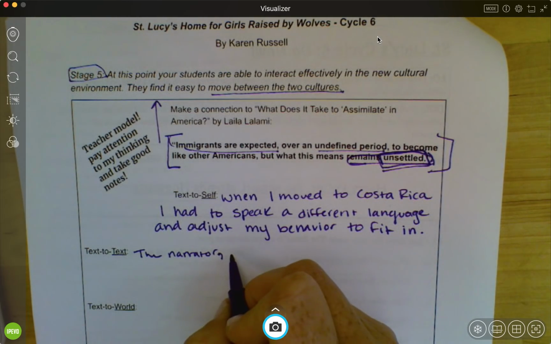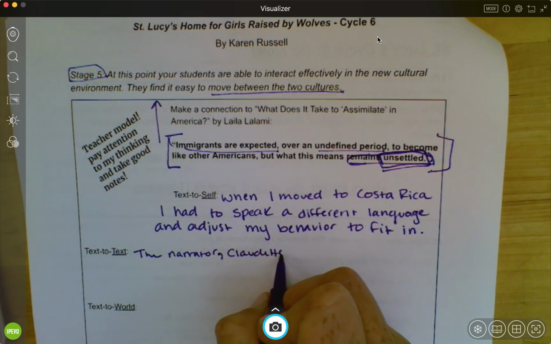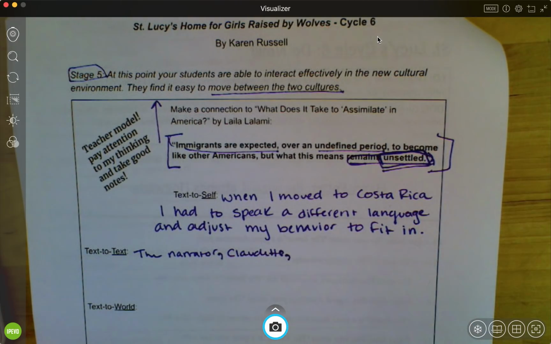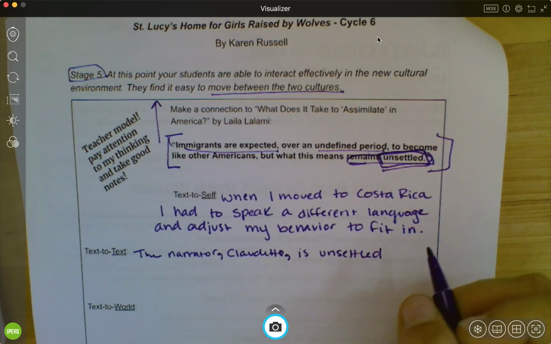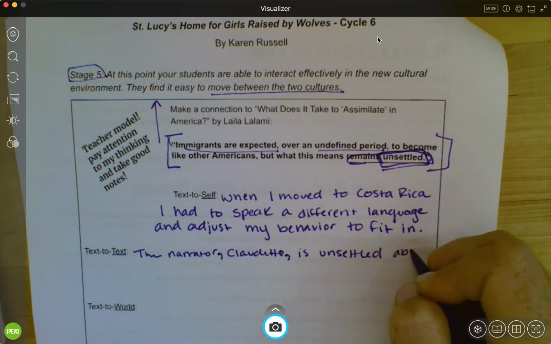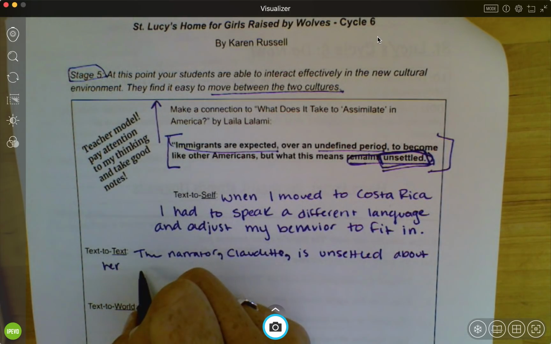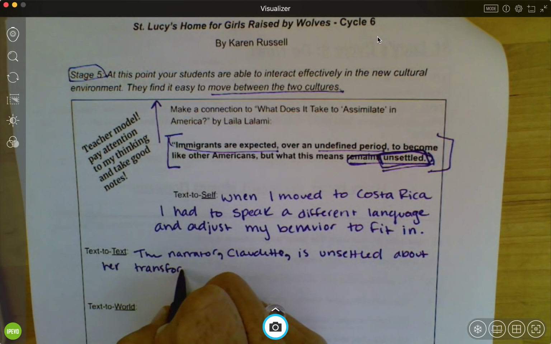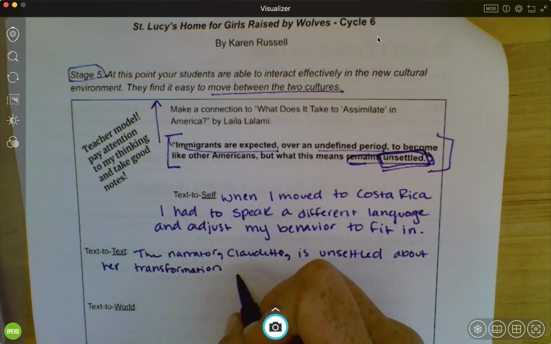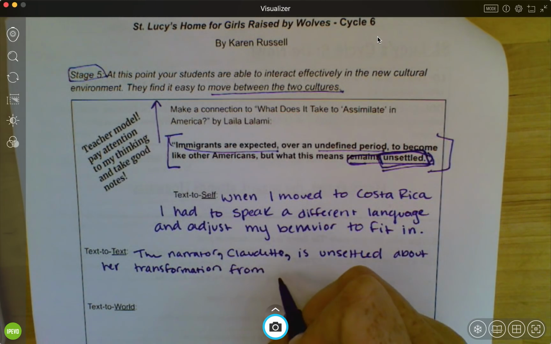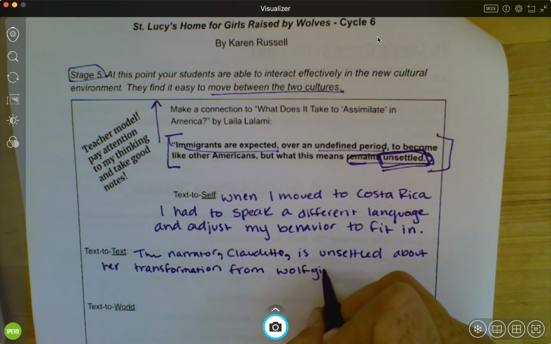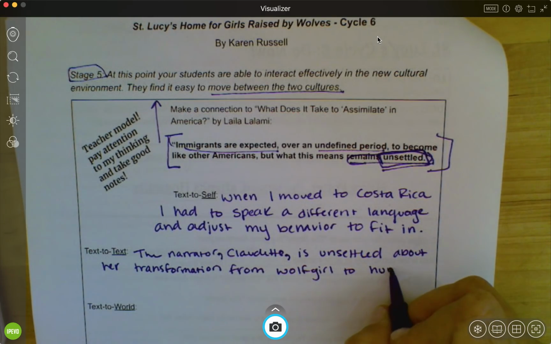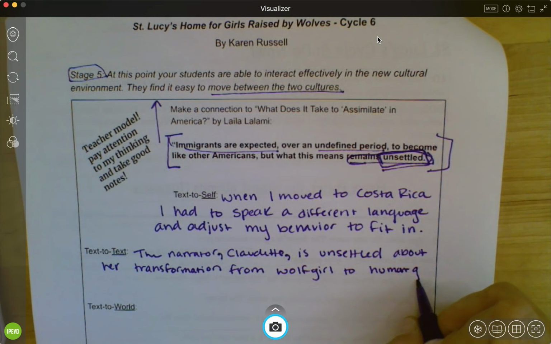So the narrator, comma, Claudette, comma, so this is my appositive phrase, is unsettled about her transformation from a wolf girl to human girl.